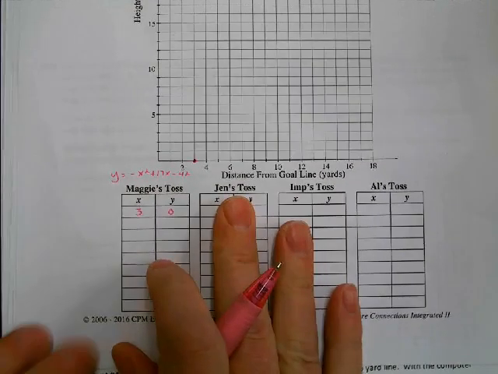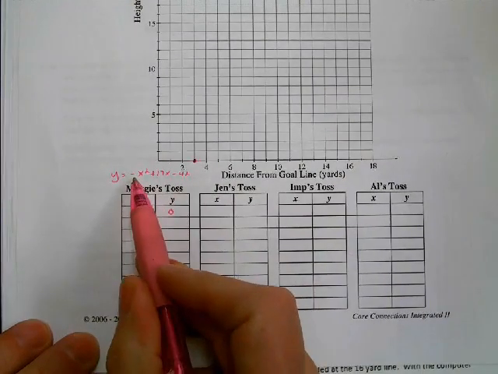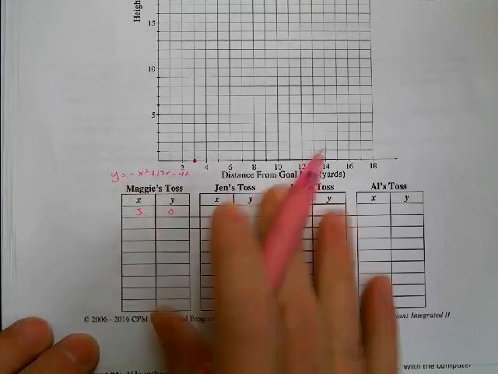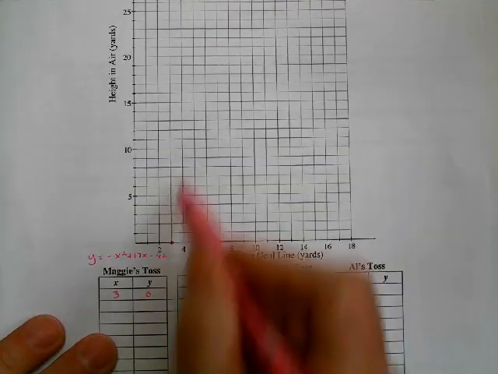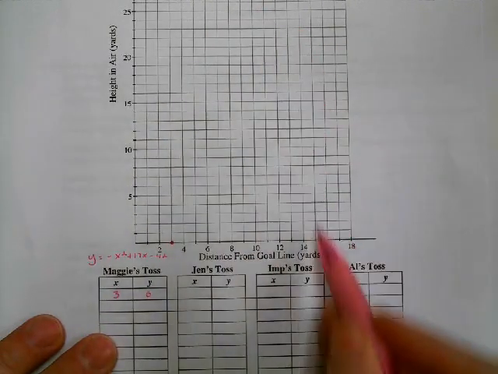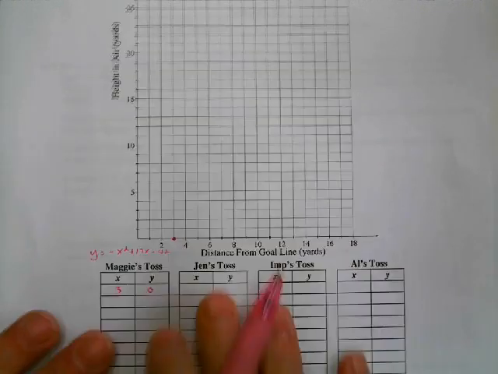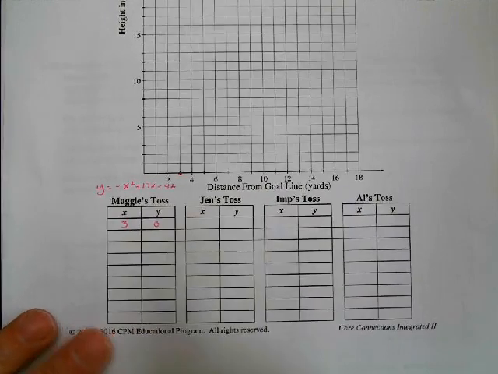What we learned in the last section is that when we have a negative out front here, that parabola is going to face down, which makes sense because this means that this is going to go up and then come back down.